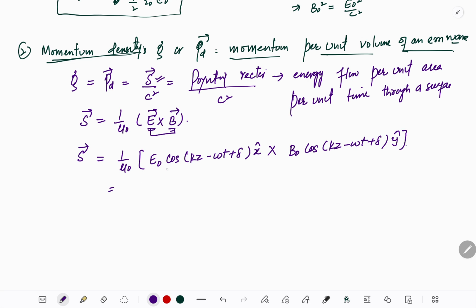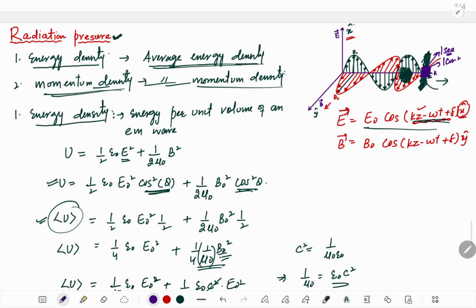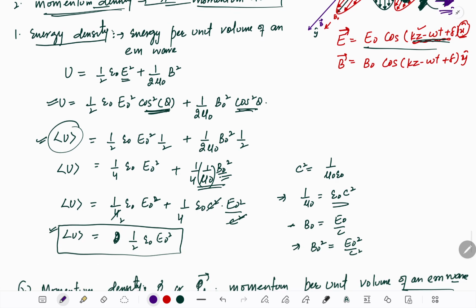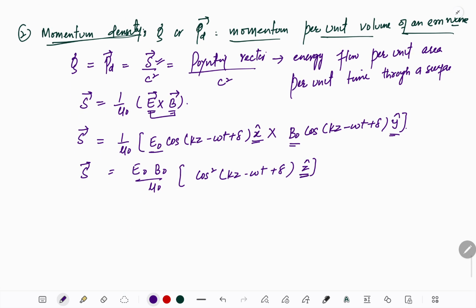This gives E naught B naught by mu 0 times cos squared(kz minus omega t plus delta), along the z axis, because x cross y gives z. The Poynting vector is along the direction of propagation, so the energy flow is in the direction of propagation, not in any other direction. It correctly gave us the z cap.